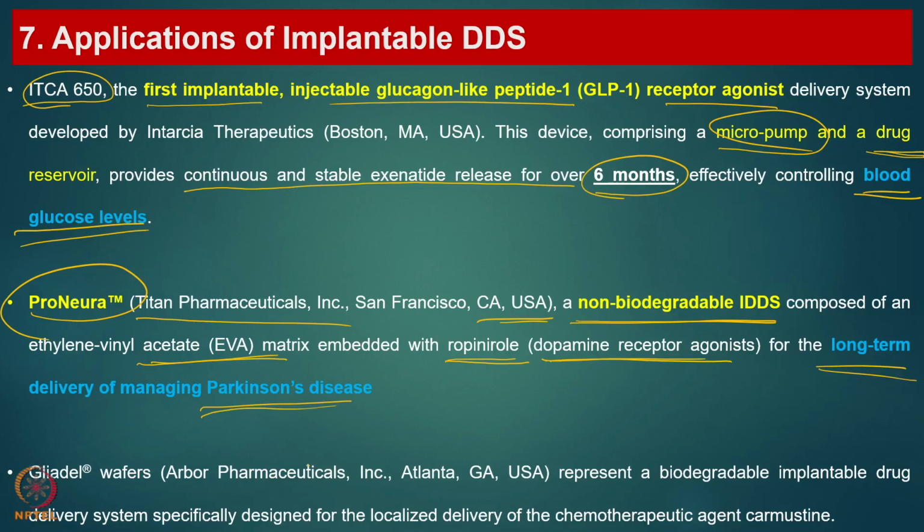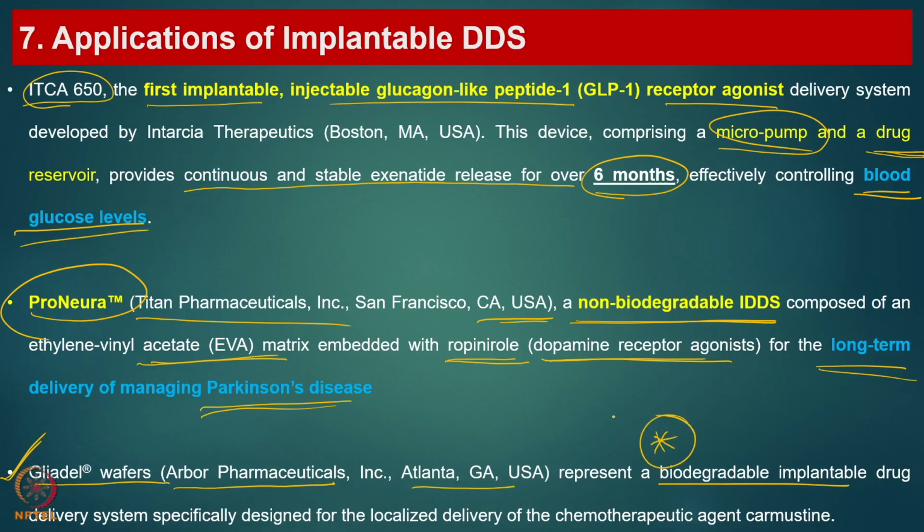So, these are chronic diseases, and in such cases we can also use ProNeura, which is a non-biodegradable implant drug delivery system. Now, the last one which I mentioned is Gliadel wafers, made by a US company. This contains biodegradable implantable systems.